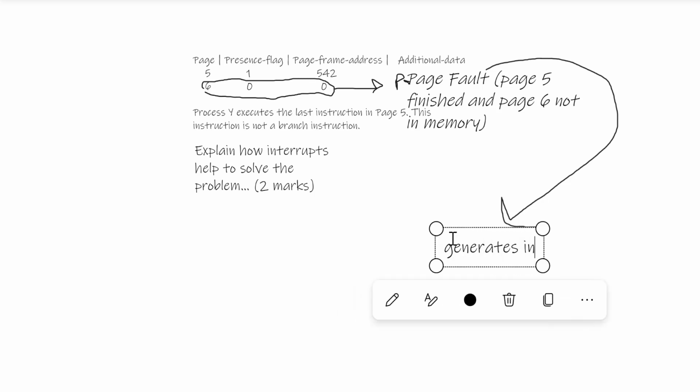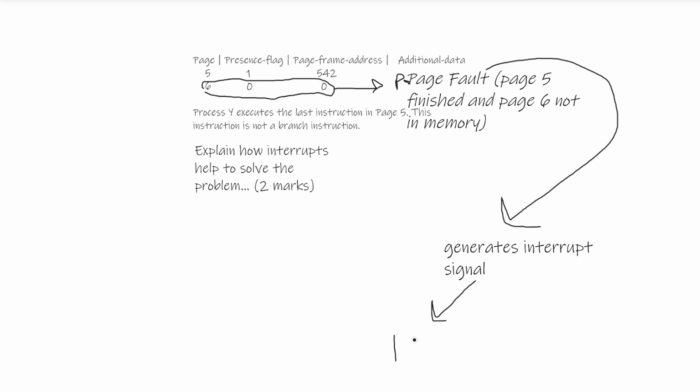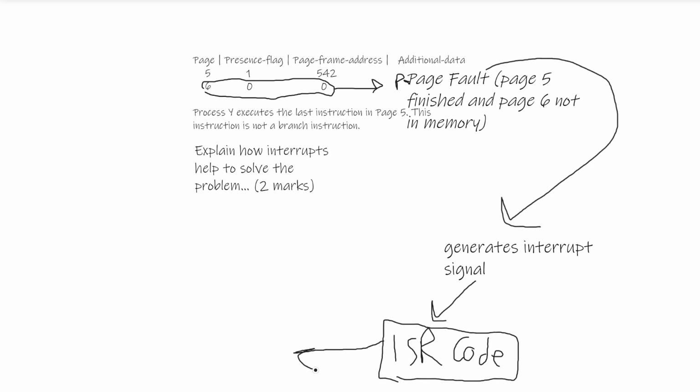it generates an interrupt signal. So an interrupt signal when there's a page fault kicks into play, which then generates the ISR code, ISR, interrupt service routine, which then will execute.